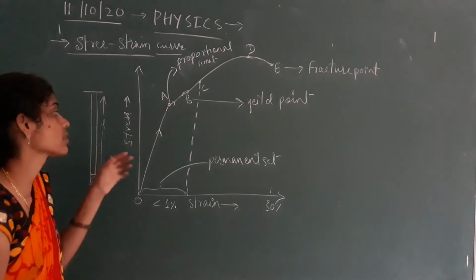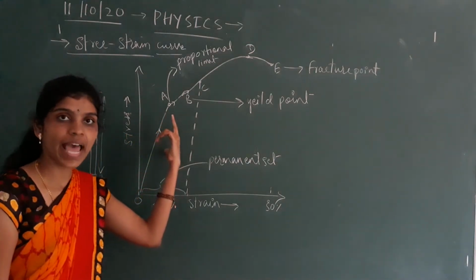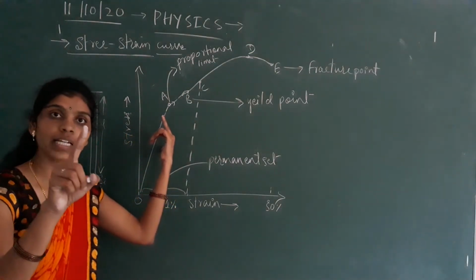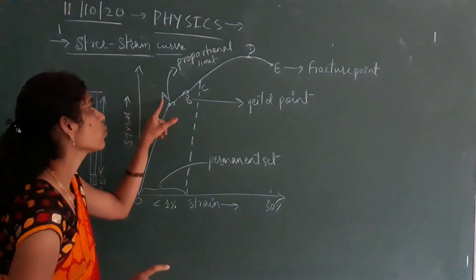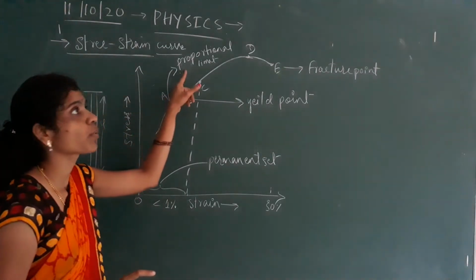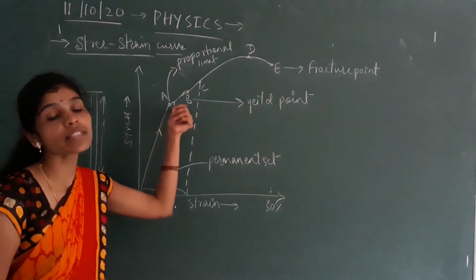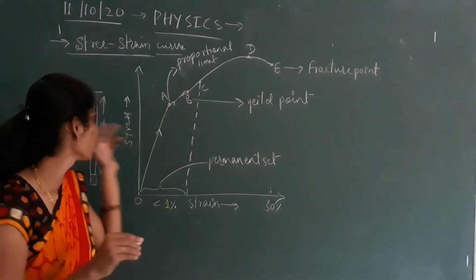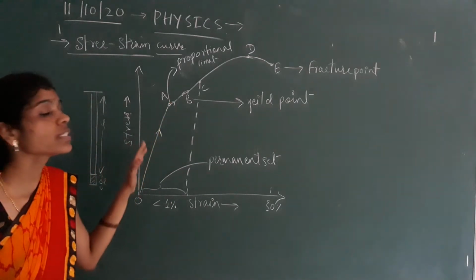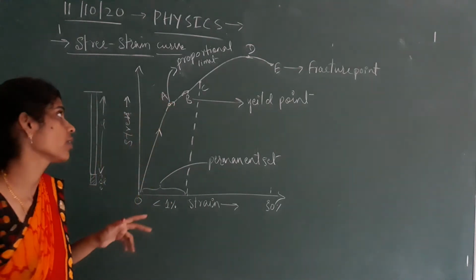That is the meaning of Hooke's law being valid within the elastic limit. Therefore the point A is called the proportionality limit, meaning up to this point Hooke's law is applicable to the wire. This we are finding experimentally.